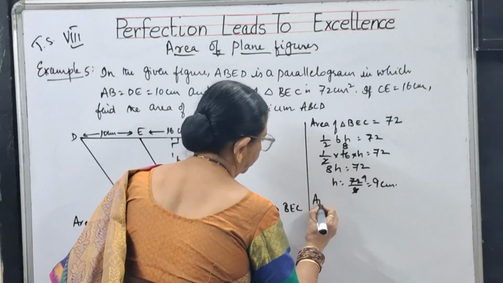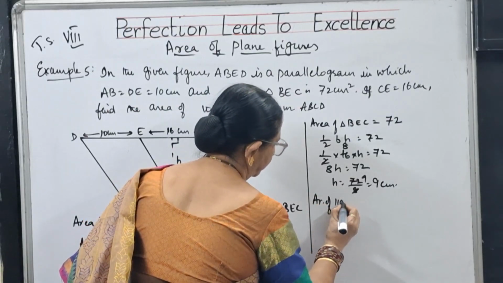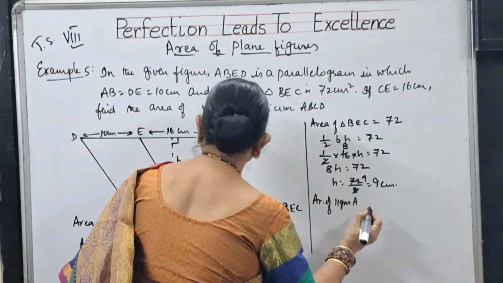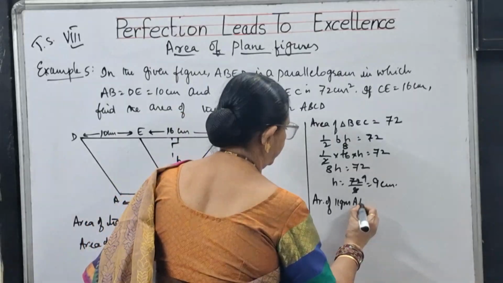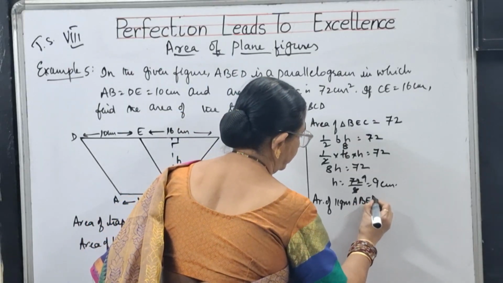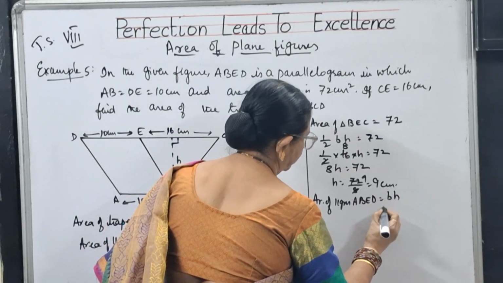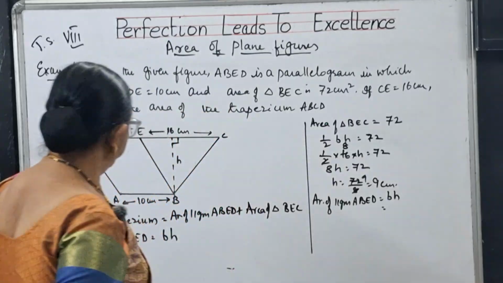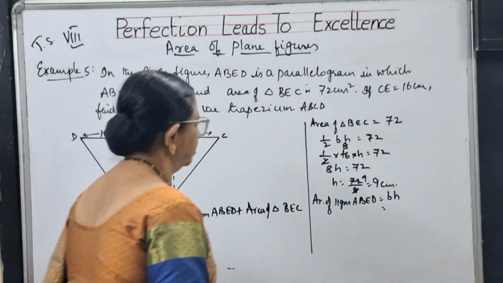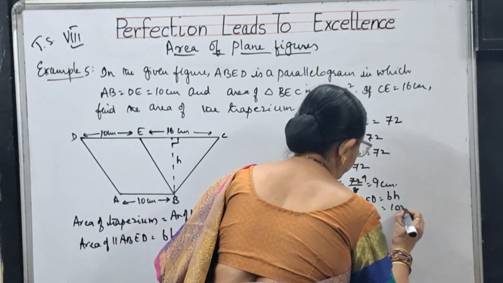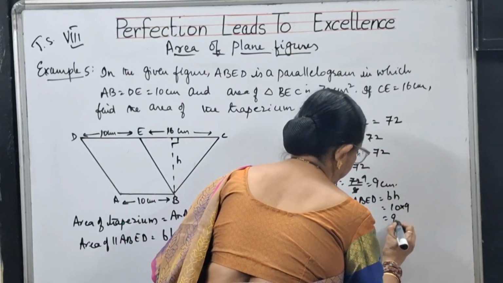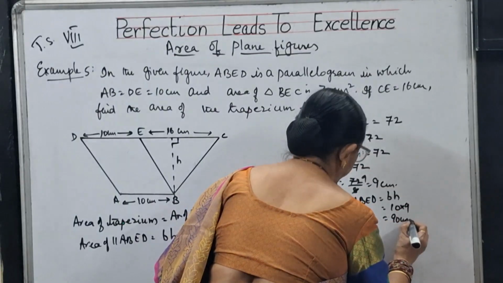So area of parallelogram ABED is equal to base into height. So for this, base is 10 centimeters into height is 9 centimeters, 90 square centimeters.